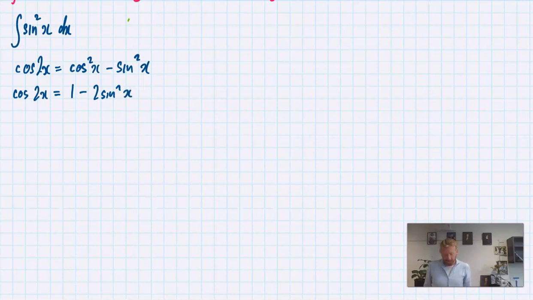Yeah. And we also could say that cos 2x equals 2 cos squared x minus 1. And I'm just doing this one because this is going to help us integrate cos squared x. Okay, we'll do them both at once.